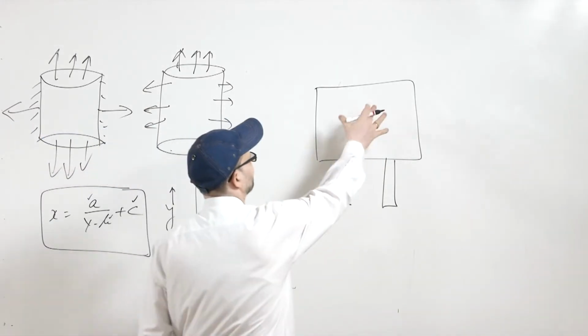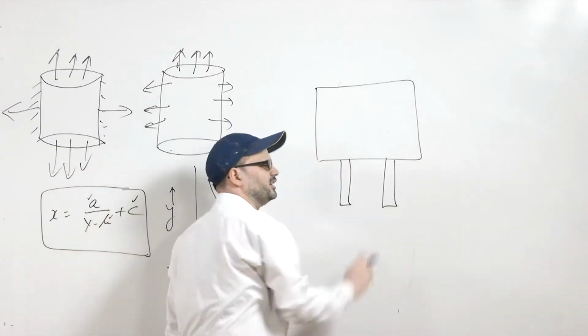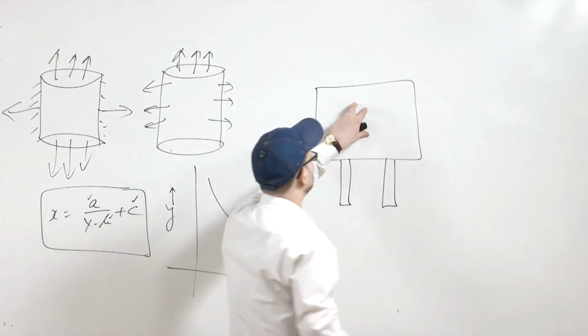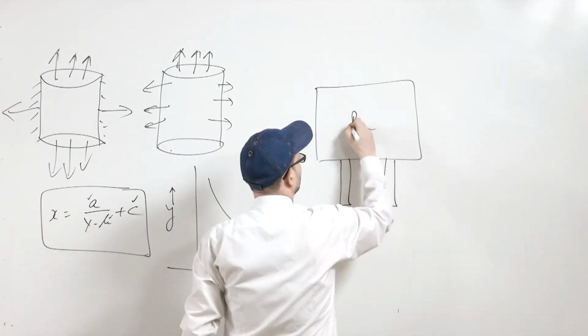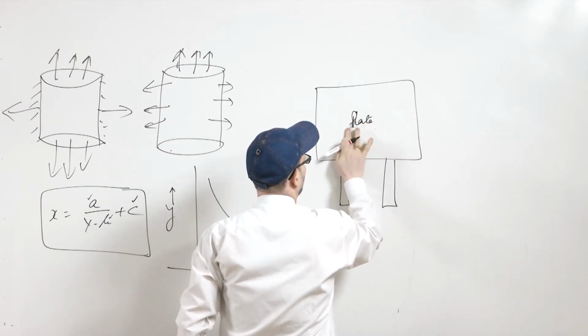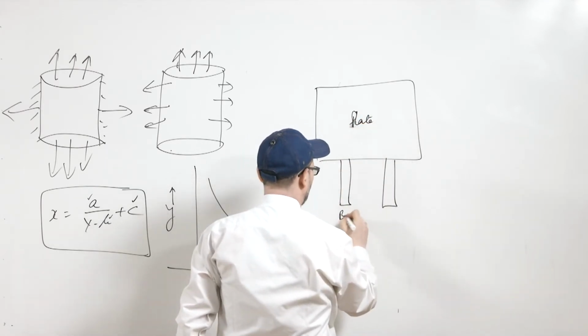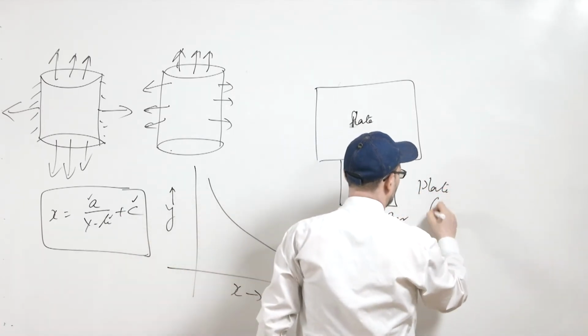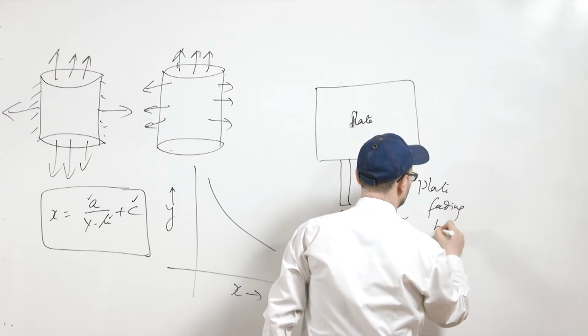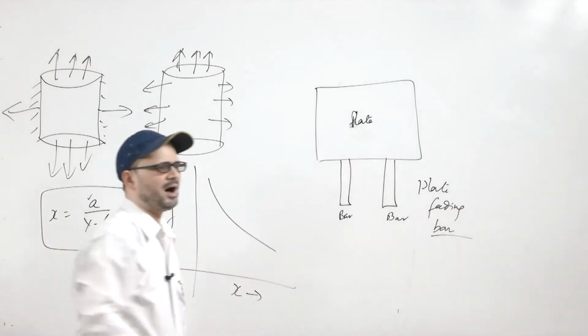This is basically the main casting which is feeding these two. Suppose this is a bar and this is a plate, or this is a plate and this is a bar. So, this is a case of plate feeding bar.